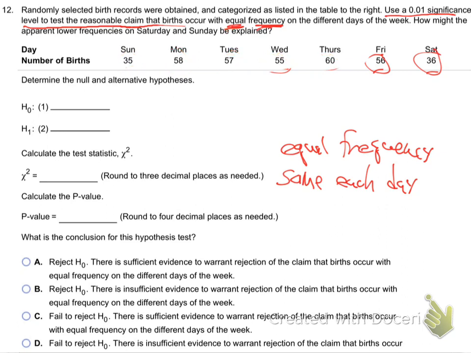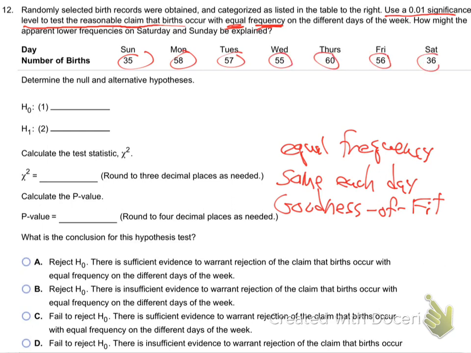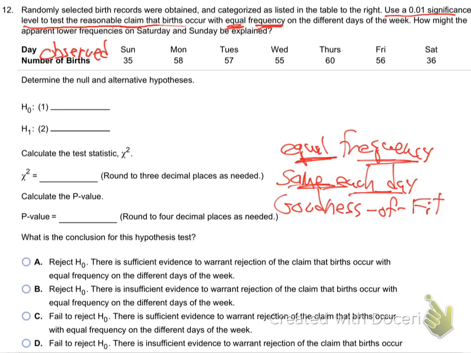Let's do the statistical test. Now, what statistical test tells us that? Well, it's a goodness of fit. How do we know? We're saying, how well do the number of babies born on each of the different days fit with equal frequency, meaning the same number of babies born each day? Well, to do a goodness of fit test, you've got to have the observed, which is already there. These are the observed numbers. That's how many babies were observed being born on the various days.